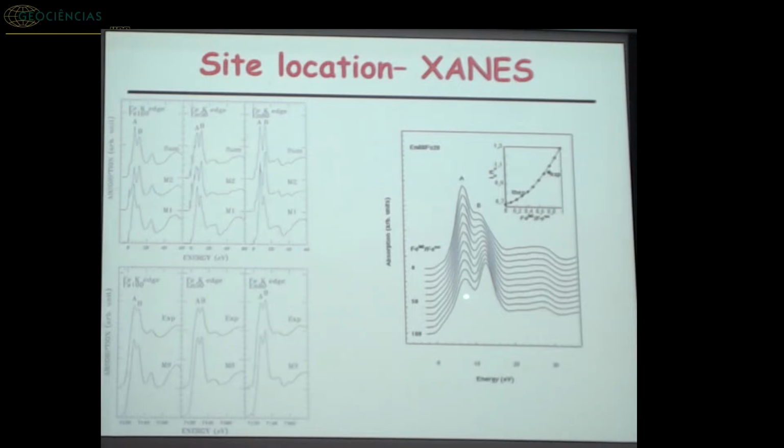And basically we saw that according to how much iron we put in one or the other site, we can even model the amount of iron in the M2 versus the M1 site, which is called the occupancy of the iron in the two octahedral sites.